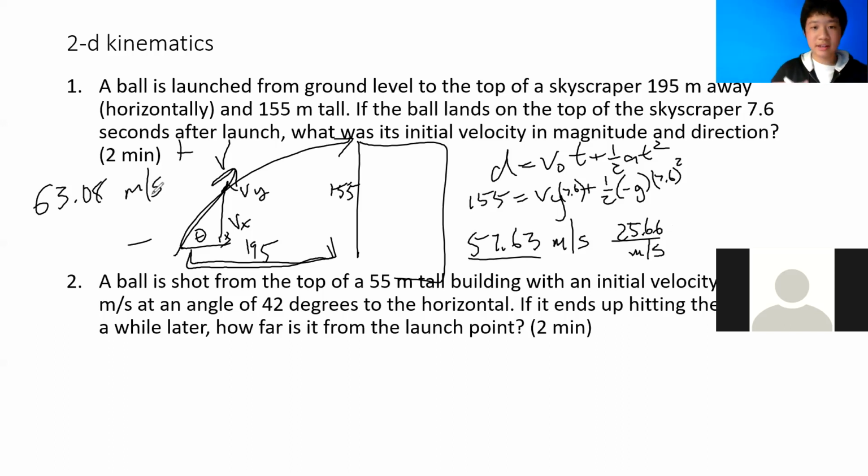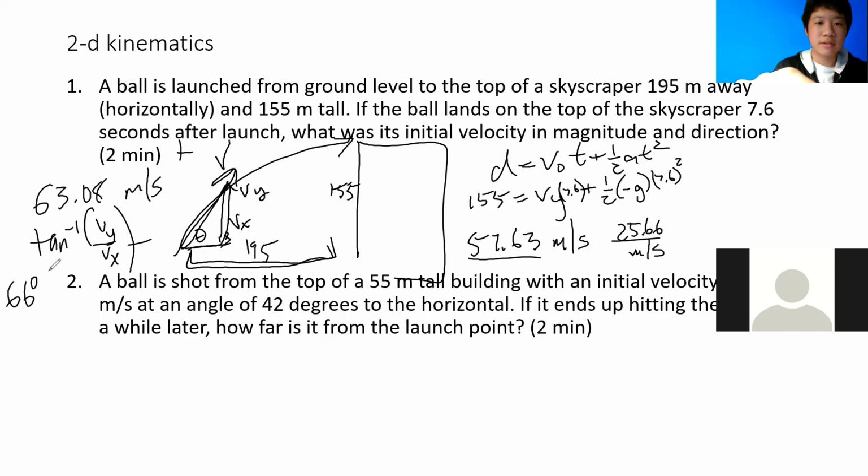Now, what is the direction? Well, that's going to be the negative tangent of vy over vx, because we have a right triangle here. So what's that going to be? Negative tan of 57.63 over 25.66. So that's going to be 66 degrees.